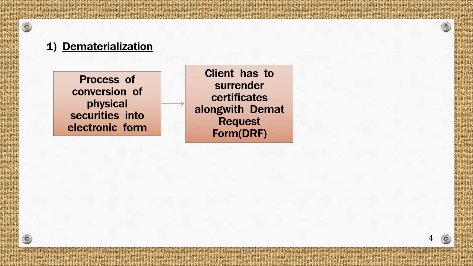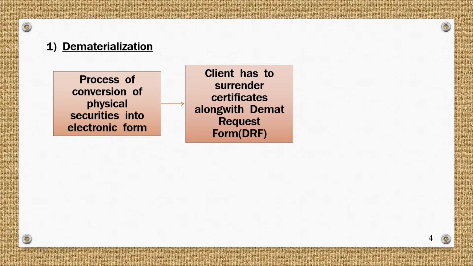Now, there are certain steps involved in dematerialization. Firstly, for this, the client, that is the investor of securities, needs to surrender, that is submit the physical certificate along with DRF, that is demat request form, to the depository participant.